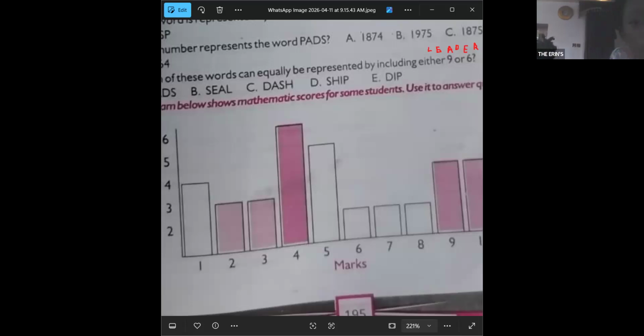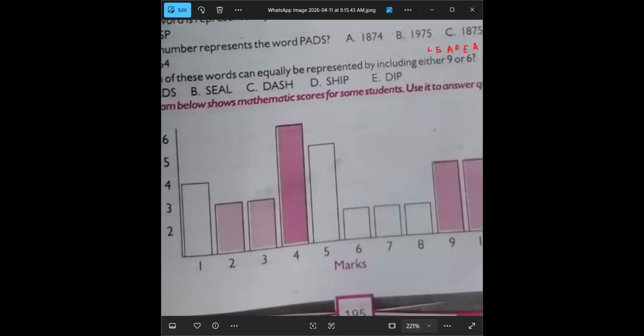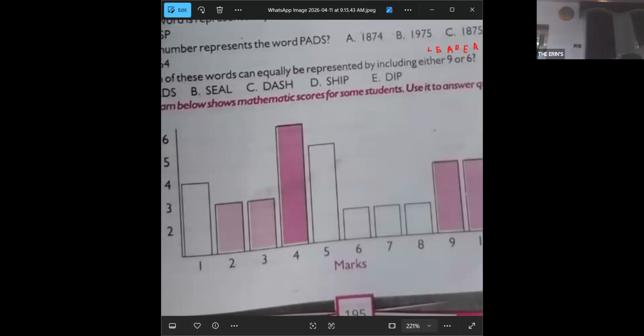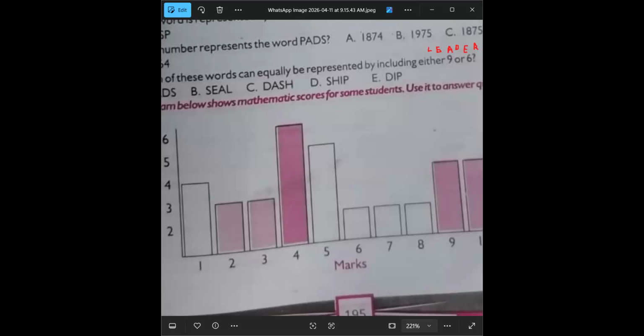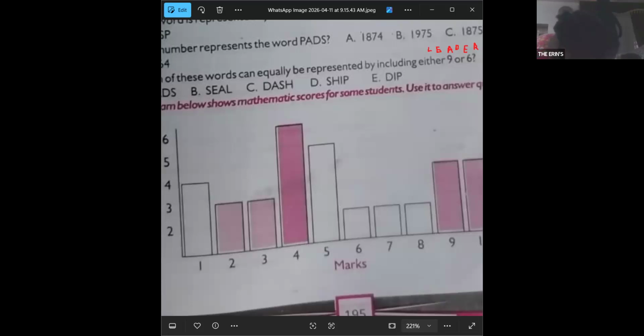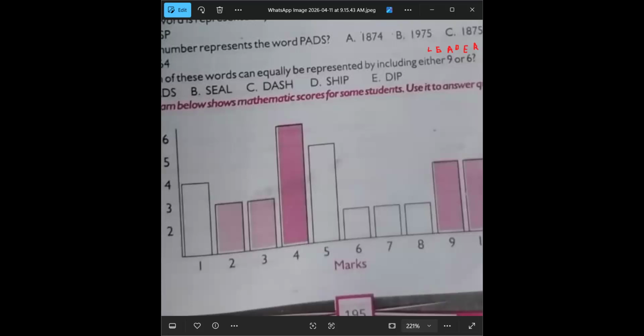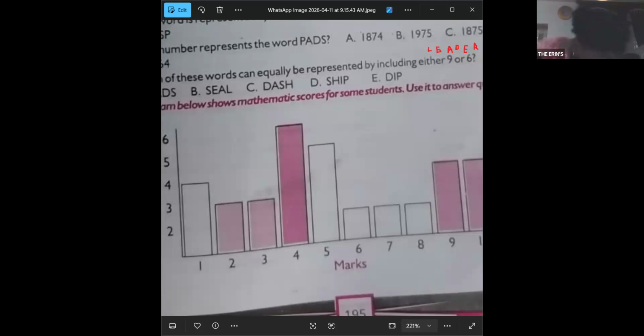Are you looking at, can you see number 42 right now as we're speaking? Can you see number 42? Yes, sir. So what I'm saying is this. Use number 42 and get the answer from that bar chart. How many students obtained 9, 10, and 1?